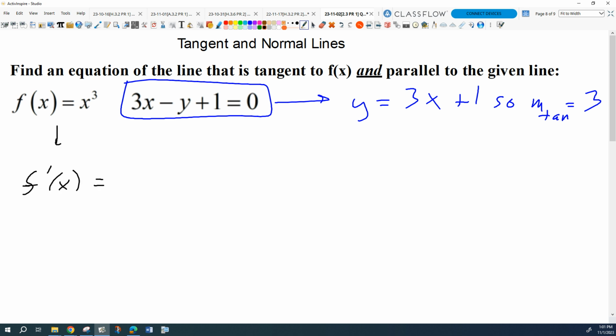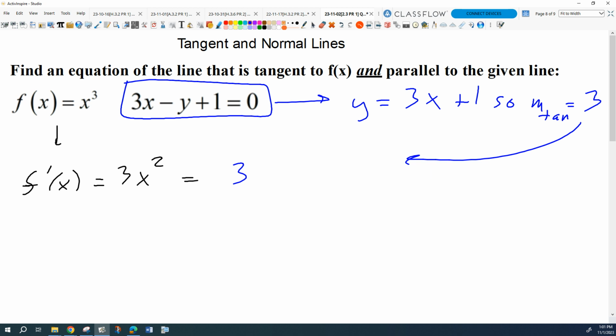What is f prime of x? 3x squared. Okay, there's our derivative. We want that to be equal to 3. That's how we ask the math gods. Where does f of x have a slope of 3? There's how we pose the question.